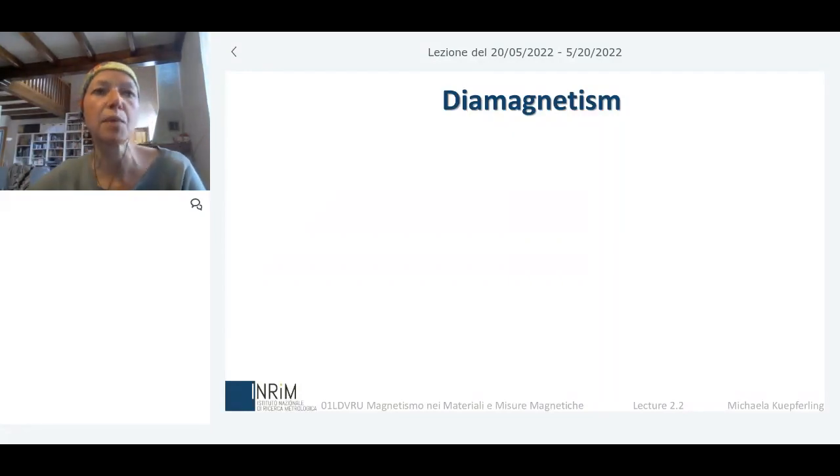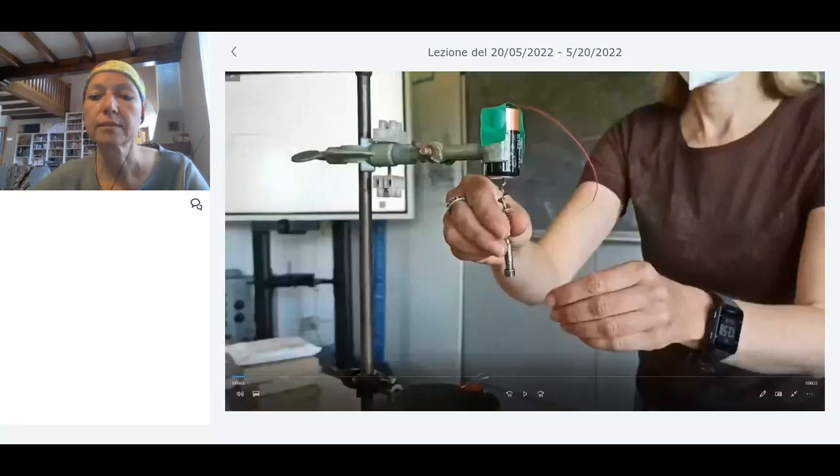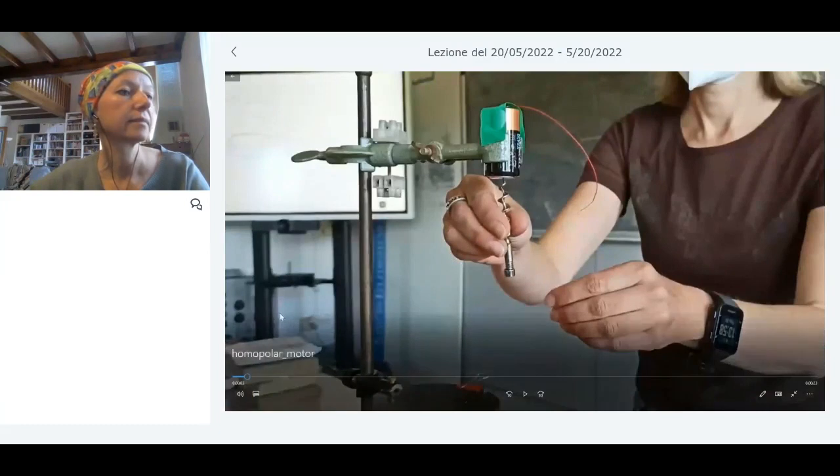It is somehow related to this angular momentum and torque and electric current, but it's not exactly what I showed you here. But you can think about this at home. I will share my screen and give a look to this experiment here.